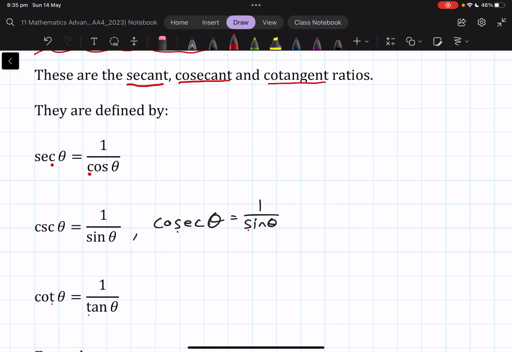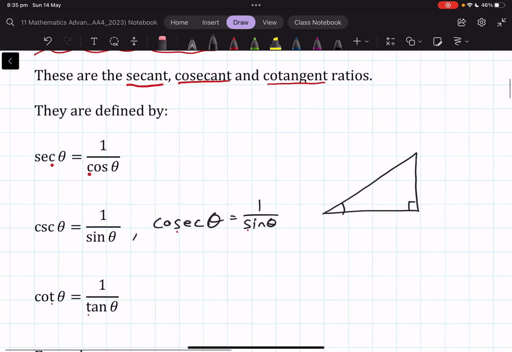Now, functionally, if I was to draw a triangle and say, what do these things mean? It's just a different way of expressing another ratio within a triangle. If my angle theta is here, and let's say we have A, B, C, then cos theta is adjacent over hypotenuse, B over C. But if I took its reciprocal, sec theta would be C over B, the hypotenuse over the adjacent.